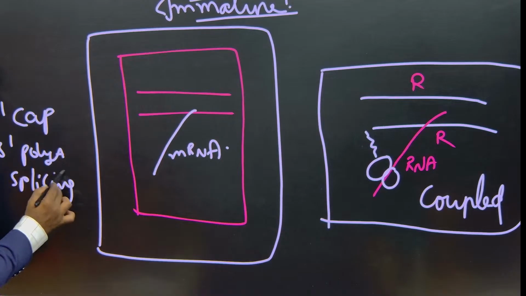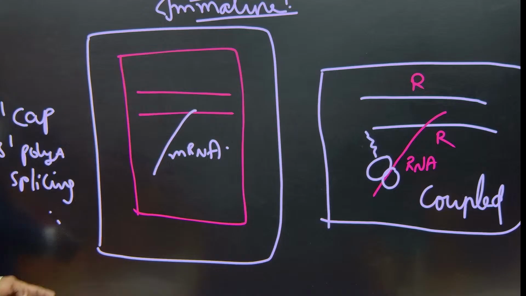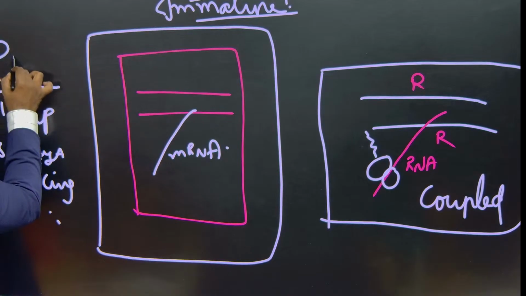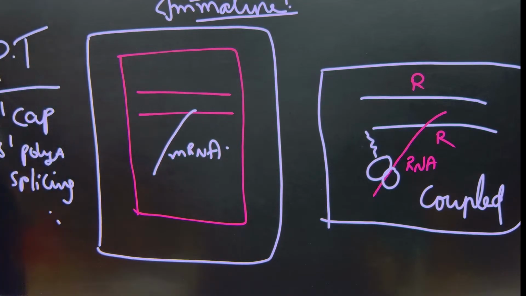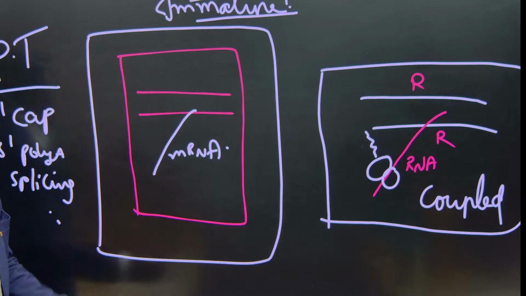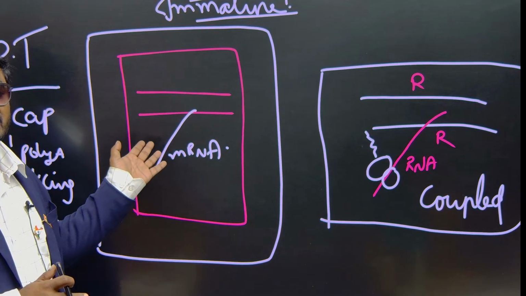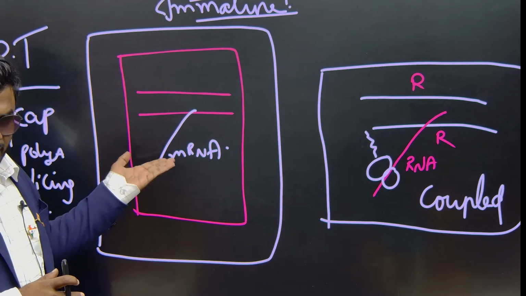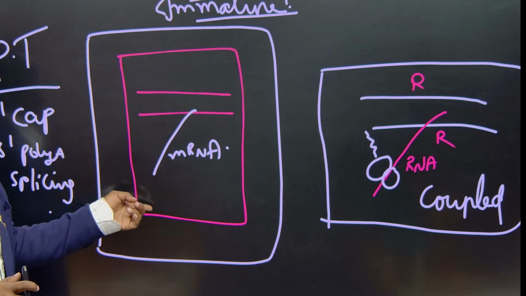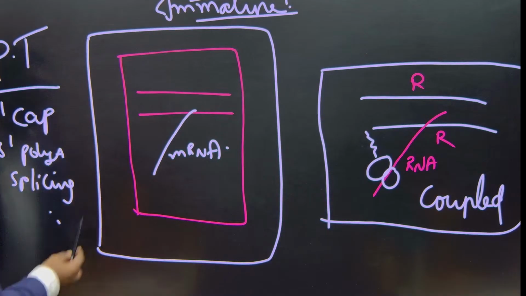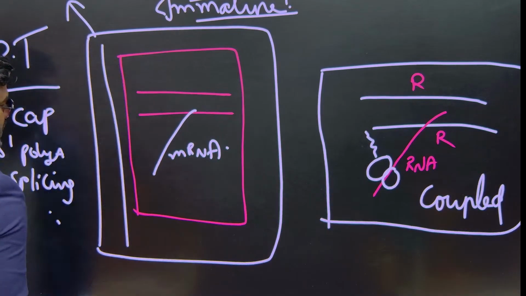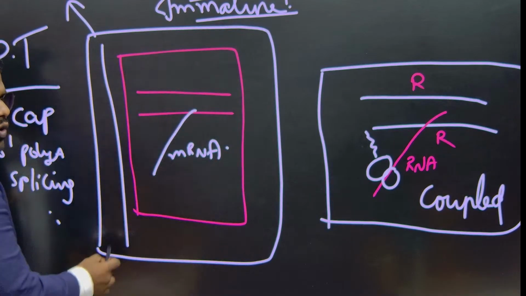Now the question is very clear, and all these modifications happen after the transcription. That's why we call them post-transcriptional processes. Now all of you answer, in case of a eukaryotic organism, where is the site of post-transcriptional processes? See, this is the cell membrane, cytosol, and this is the nucleus.